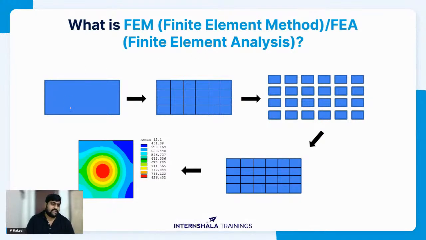So we have a very complicated system, something like this. We'll take this complicated system and divide it into a number of small parts, so that we can easily solve these small parts for the required answer. Suppose I want to find out the deflection in this particular object.